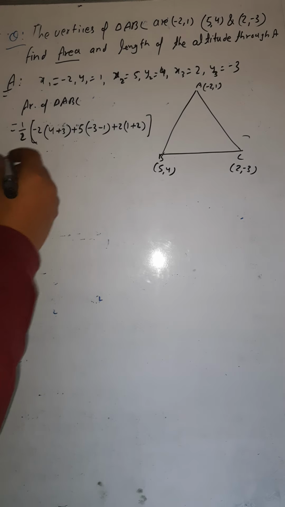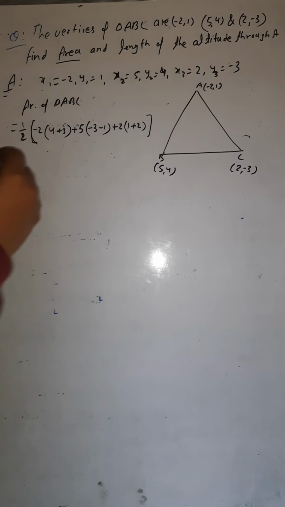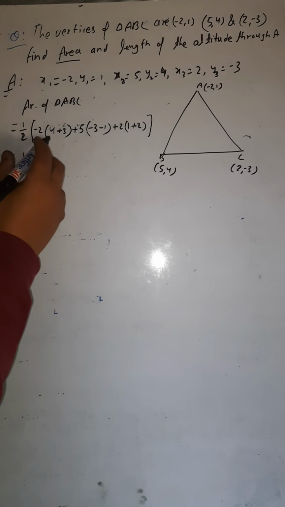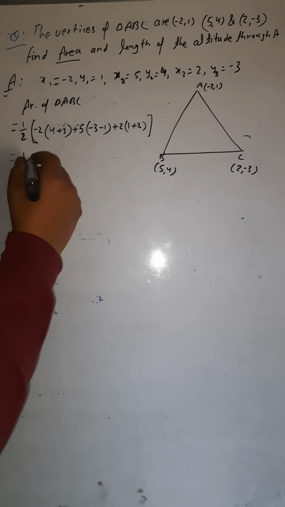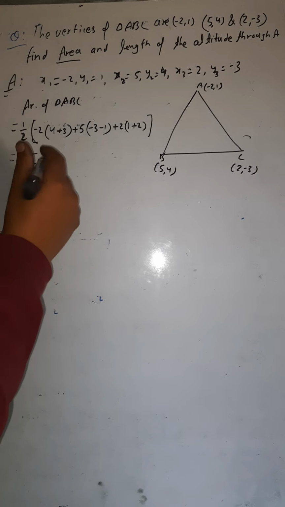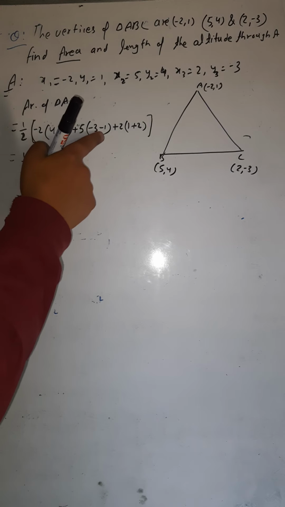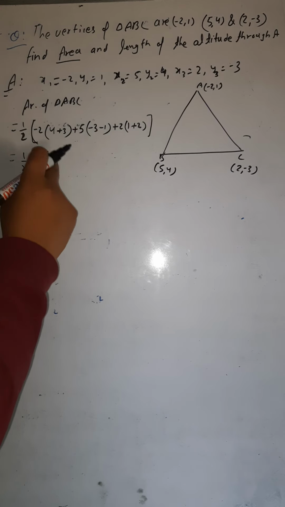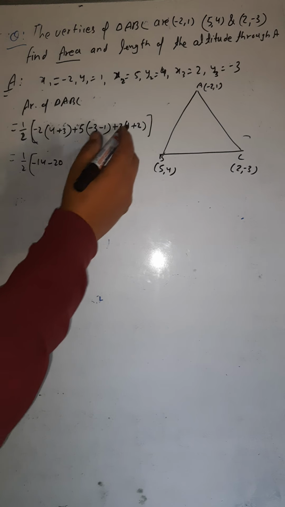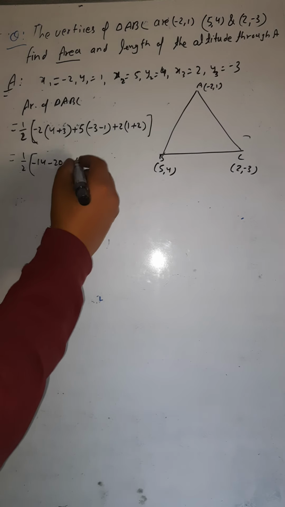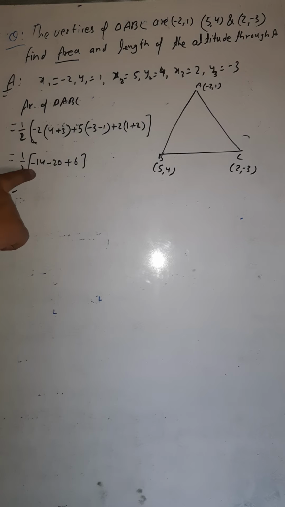Okay, so let's write this. 1/2 into 4 plus 3 is 7. 7 times -2 would be -14. Then -3 minus 1 is -4. -4 times 5 is -20. 2 times 2 plus 1, that is 3, is 6. You can write it as -14 -20.